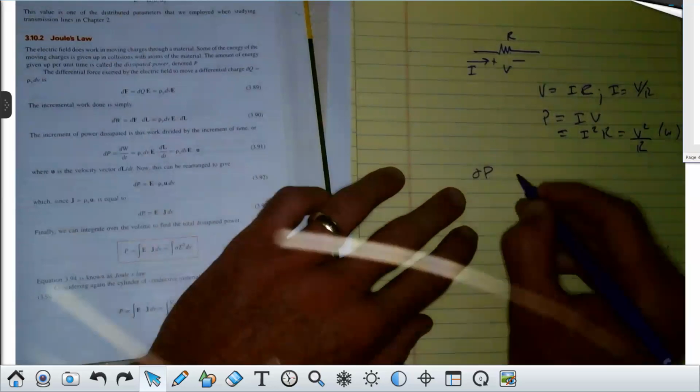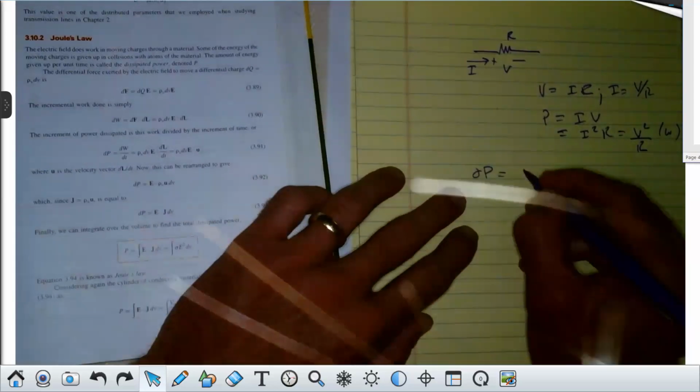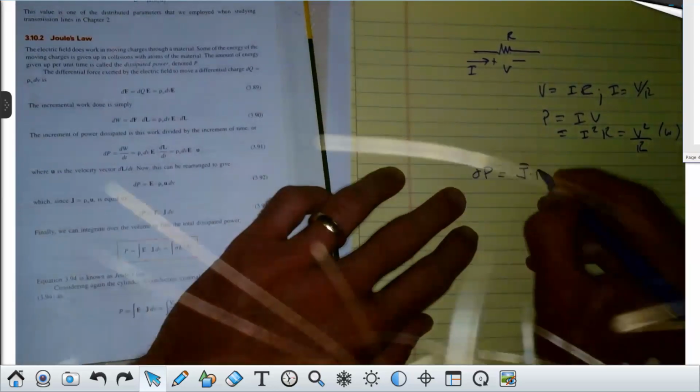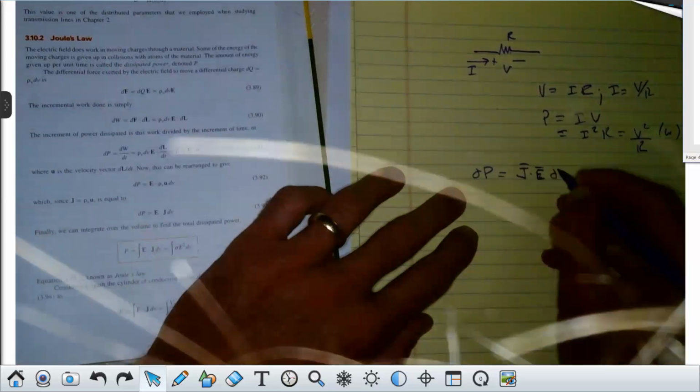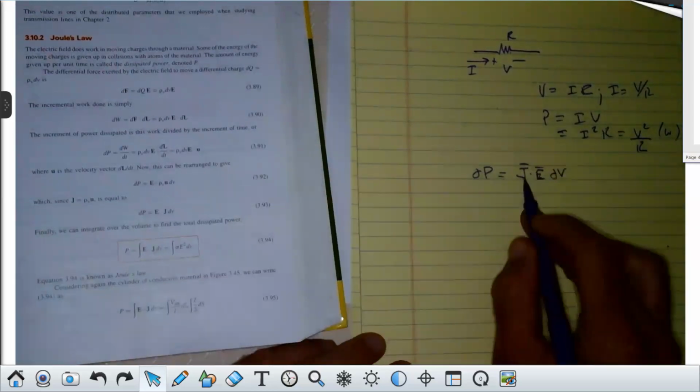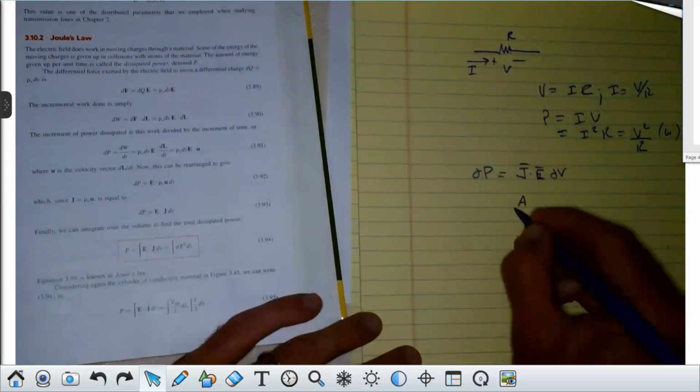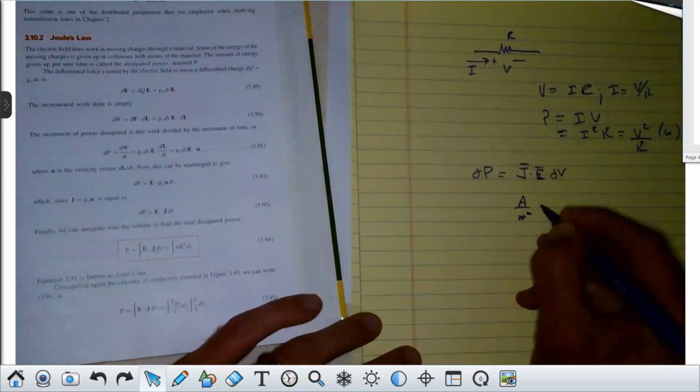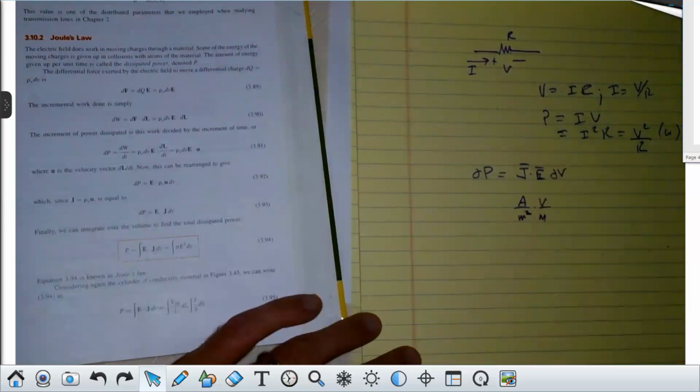Now it's a differential power, and it would be equal to J dot E dV. If you look at the units of this, J has the units of amps per meter squared, right? And then E has the units of volts per meter, correct, class? I just want to show you this with units.